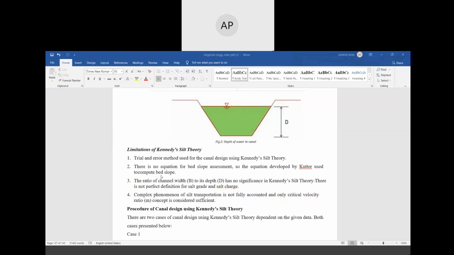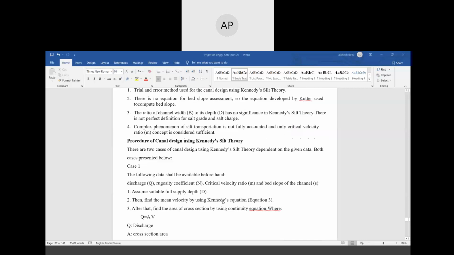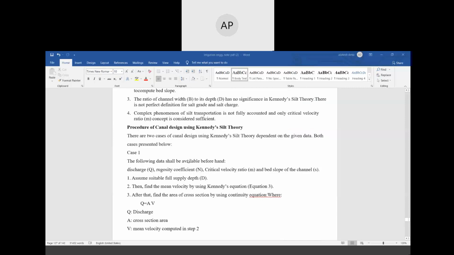Next one, design procedure of canal using Kennedy's silt theory. How can you design a canal using this silt theory? There are two cases of canal design using Kennedy's silt theory, dependent on the given data.